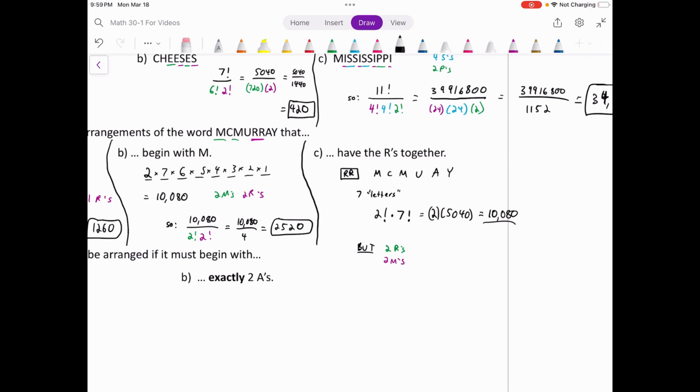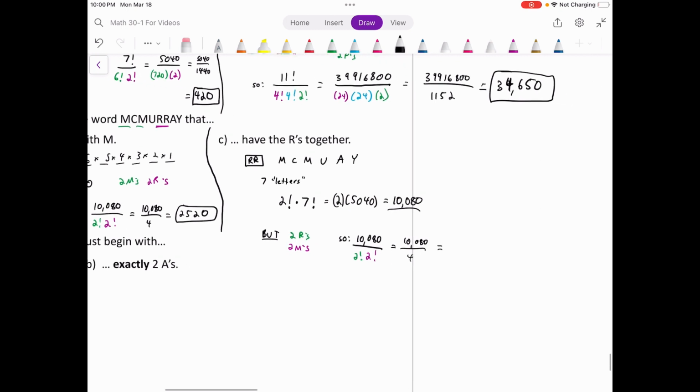So we need to take the 10,080 ways there are to arrange them, if the R's must be together, and divide by a factor of 2 factorial, because we have that many times too many arrangements that come from just swapping around the R's, and same for the M's. So this is 10,080 over 4, giving us 2,520.